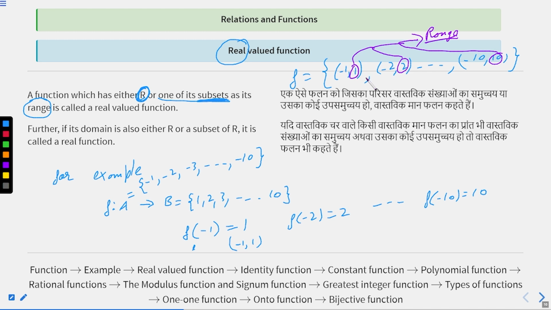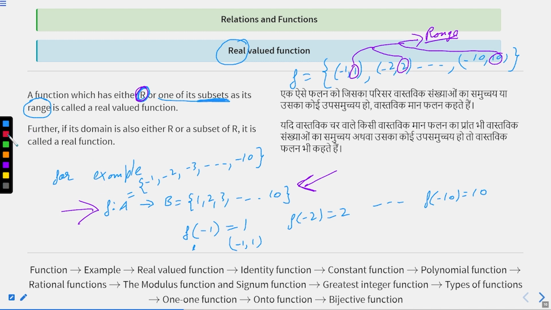The range set is my B, and B is a subset of real numbers. Then I can say that it is a real valued function. I hope that it is clear to you.